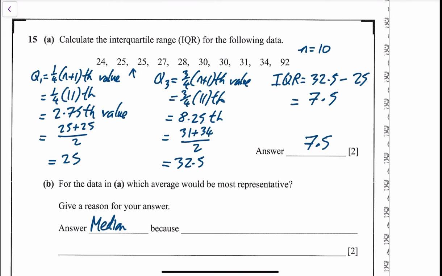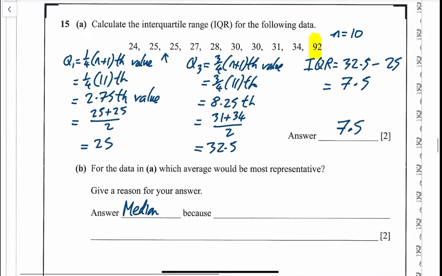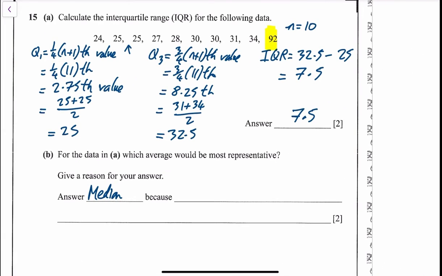Also, the mean. The problem with the mean is it would be affected by this extreme value, because most of the values are below 30 or 34, except for this one extreme value. So what that one extreme value would do, it would distort the mean. So what I'm going to say here, use the median. I think you're getting a mark for saying the median, and I think the other mark would be really saying not to use the mean.